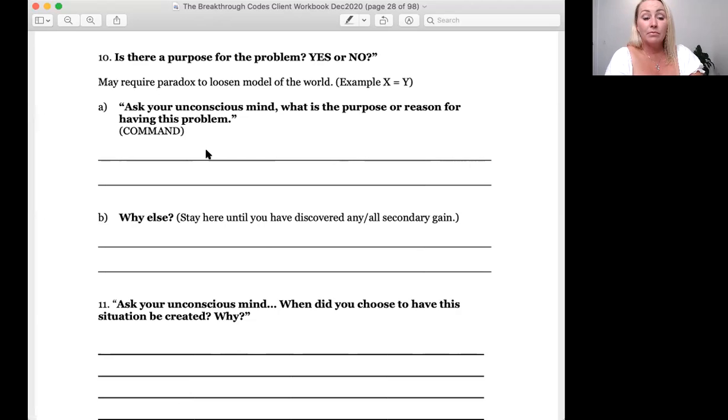Why else? Why else? Why else is this problem here, right? What else is the purpose of this problem? And you stay here until you discover any and all of the secondary gain.